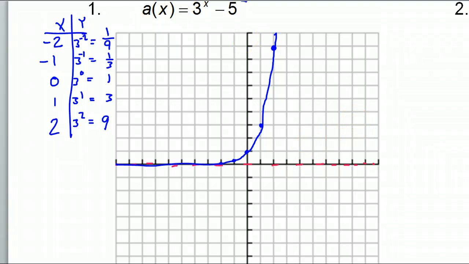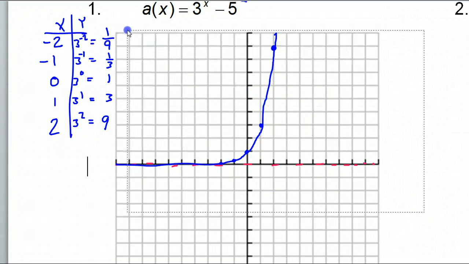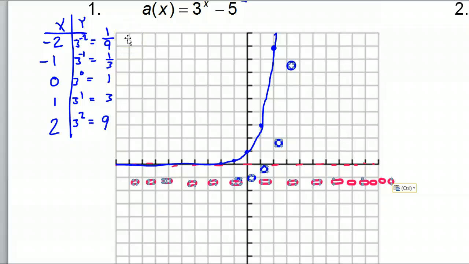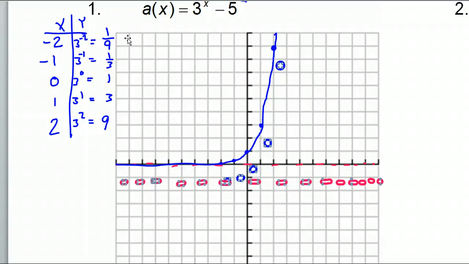All right. So, you know what, I might just cheat a little bit if I can get away with it. A little cut and paste maybe. So, I'm going to take these same values, but I'm going to shift them down 5.